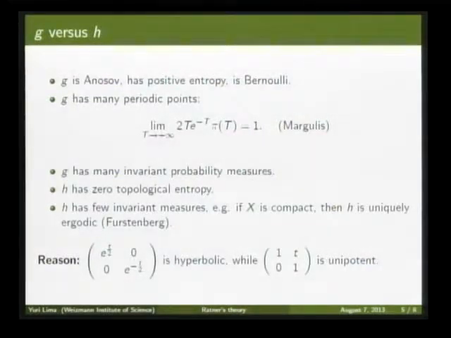Okay? So this is the role of Ratner's theory. It is exactly under this setup of the action of unipotent flows on quotients of Lie groups by lattices that we are able to classify, to get rigidity results in the sense of orbit closure, measure classification, and also equidistribution.